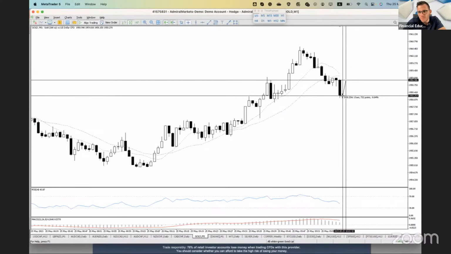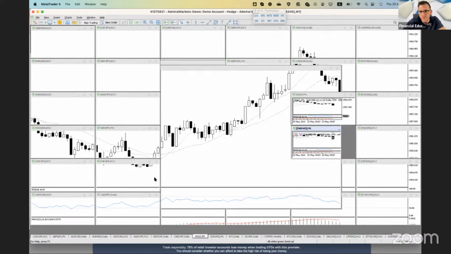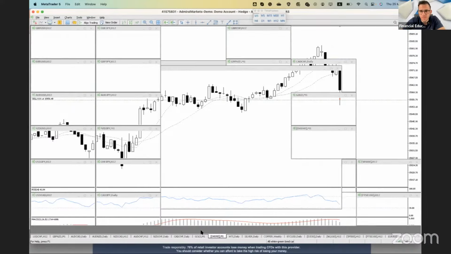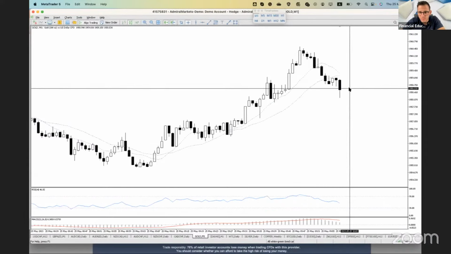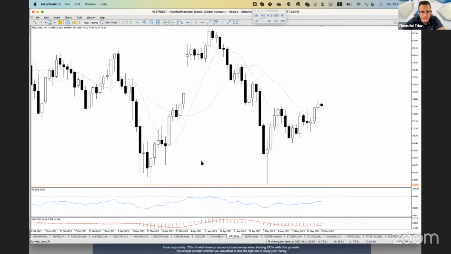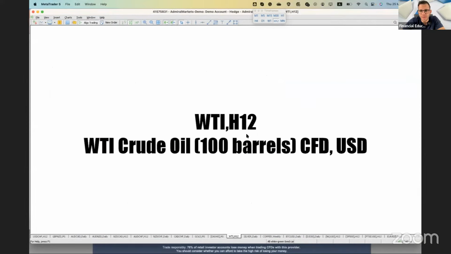Gold, how many pips move? 7 pips on the London Open. Let's see what DAX is going to do, if it's going to give us the 10 pips for the day. WTI. Yes, so let's check the WTI.